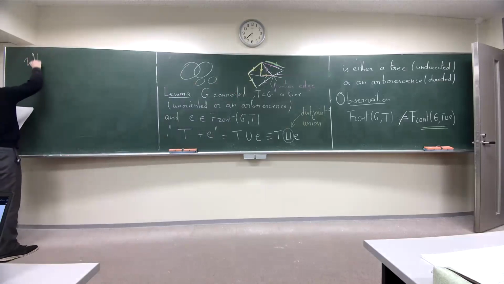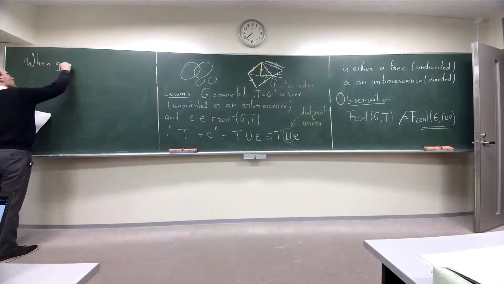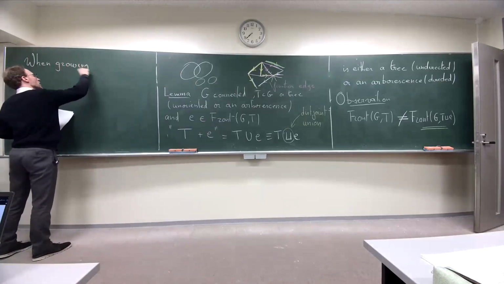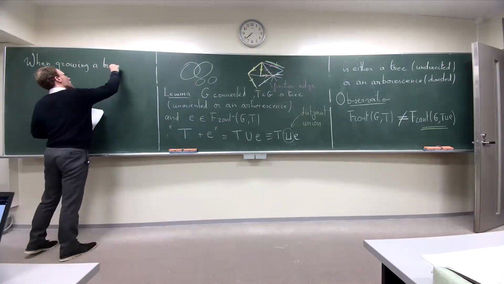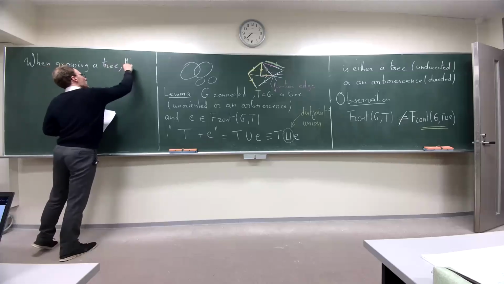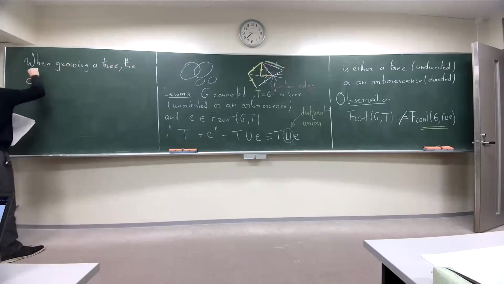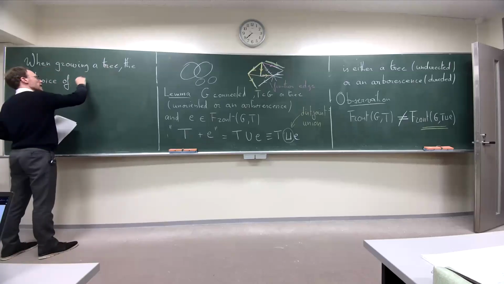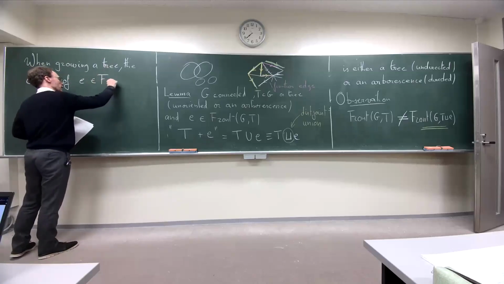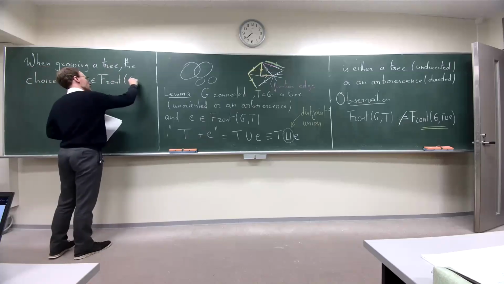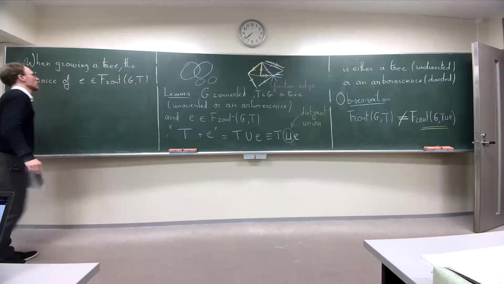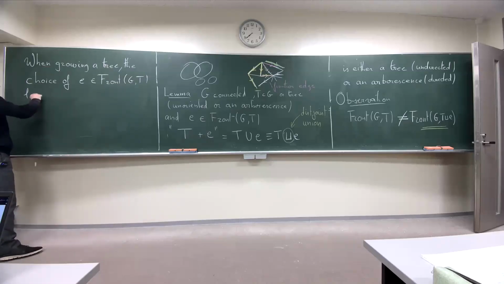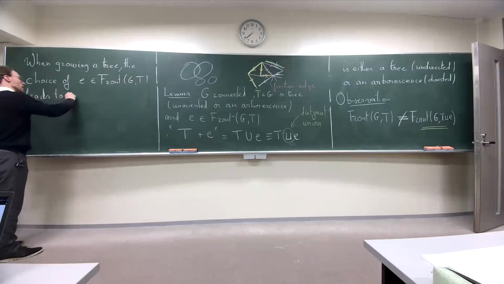When growing a tree, the choice of E inside this frontier of GT leads to different algorithms.